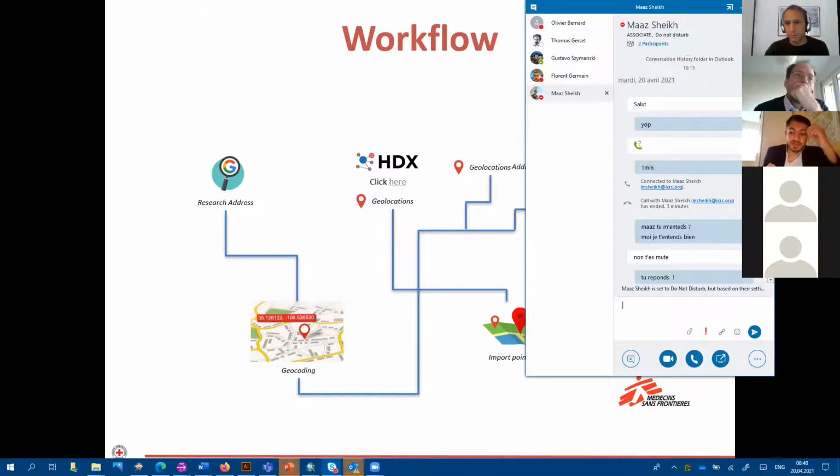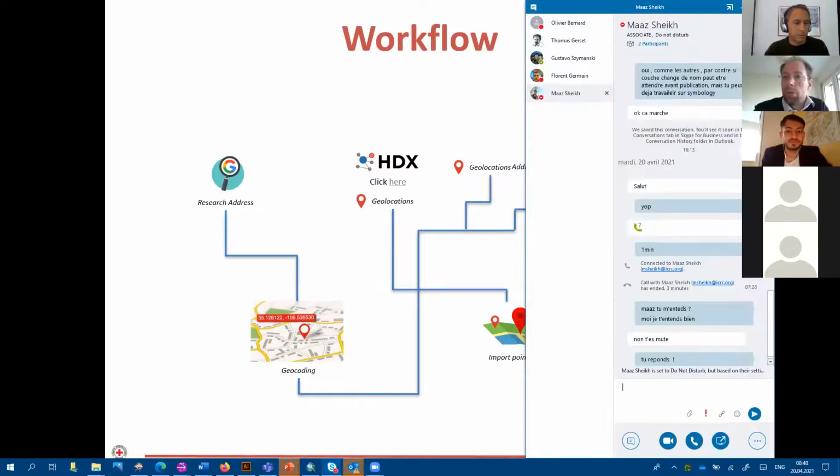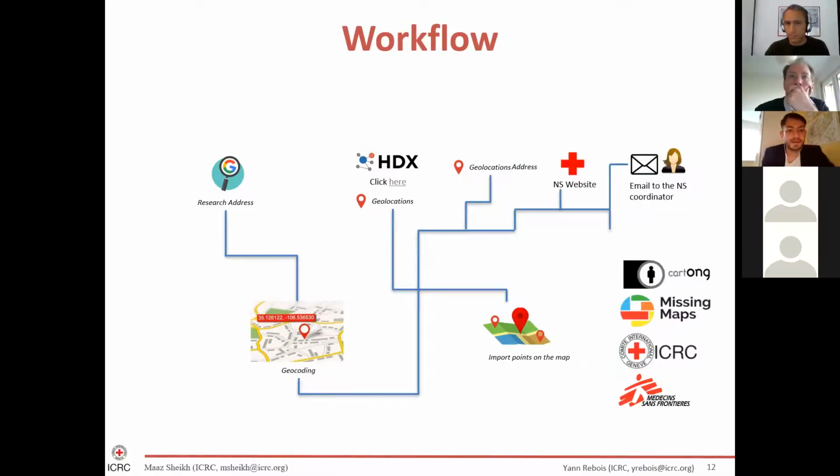Sometimes we would just get a point on a map in a city, and it wouldn't be the exact street of the structure, and we would be adding this to a database that has really good accuracy. So how do you make sure that the data is harmonized in terms of geolocation accuracy or data accuracy? In fact, maybe Yann can add something on that if he has something, but those are my two points.